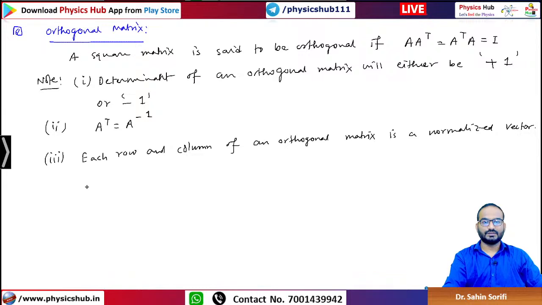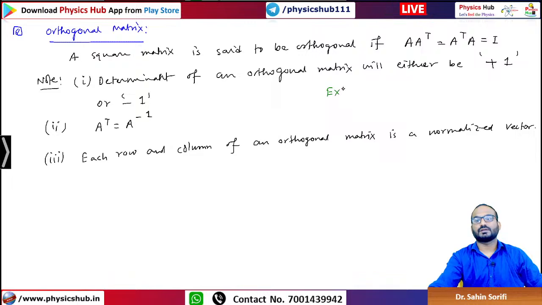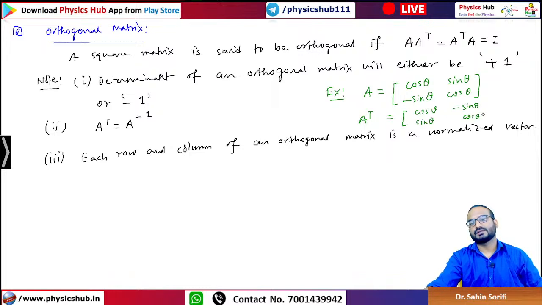Let's take an example of an orthogonal matrix. Example is, let's say A is cos theta, sin theta, minus sin theta and cos theta. This is the orthogonal matrix. You take A transpose, this will be cos theta, minus sin theta, sin theta, cos theta. This will be equal to A inverse. Each row and column of an orthogonal matrix is a normalized vector.